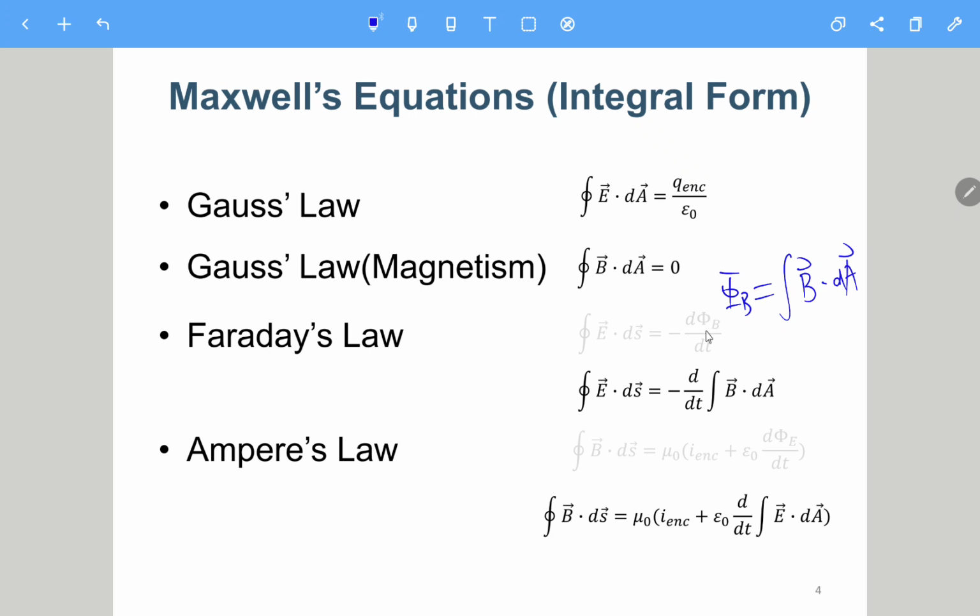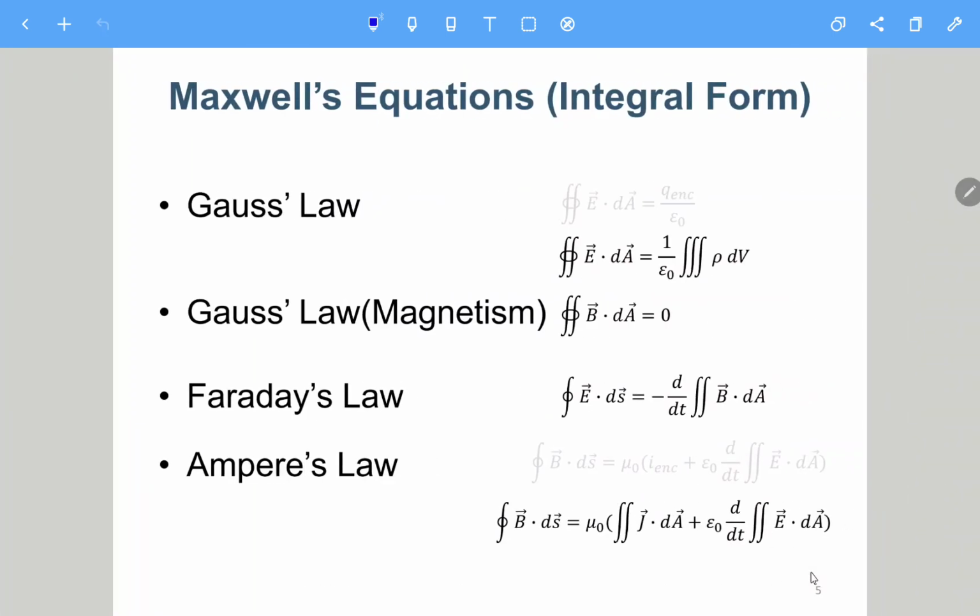So we only change this one, phi b, into this surface integral here, and we get this one. And also this one, phi e, is similar. It is E dot dA. So we rewrite these two equations in a more complicated form.